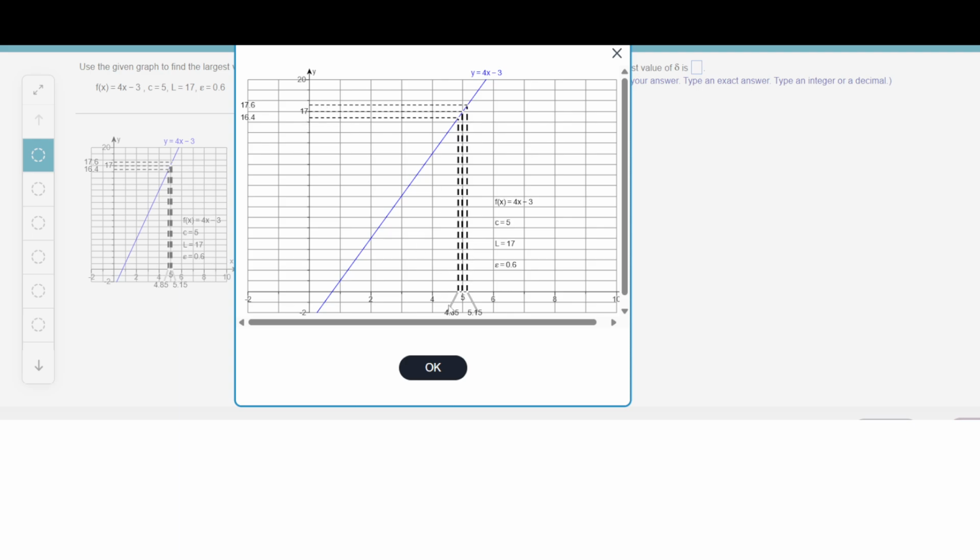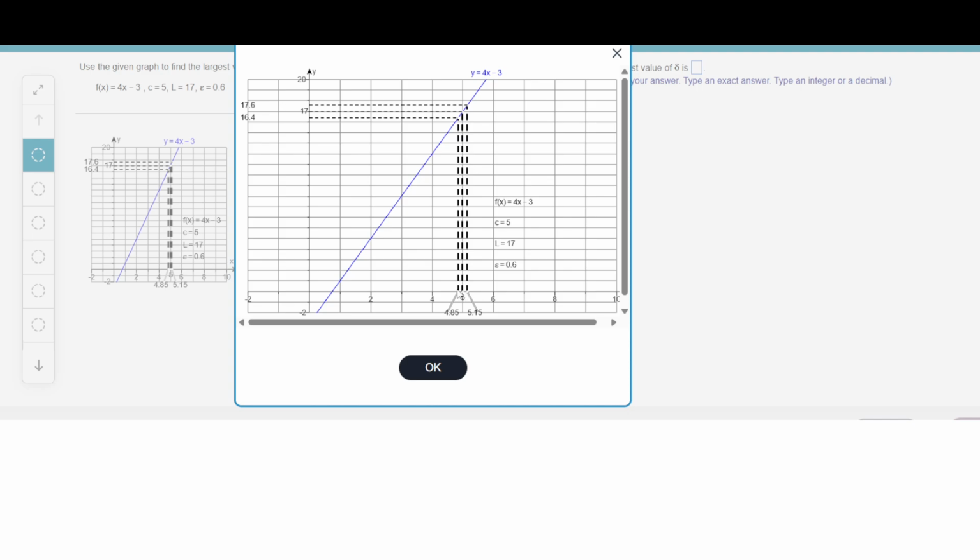So the largest value of delta is always the minimum distance from the center to the left or to the right. In this case, the distance from 5 to 4.85 is 0.15, and the distance from 5 to 5.15 is also 0.15.